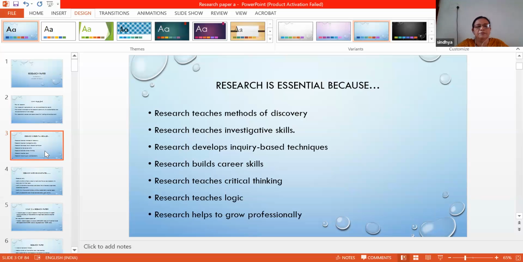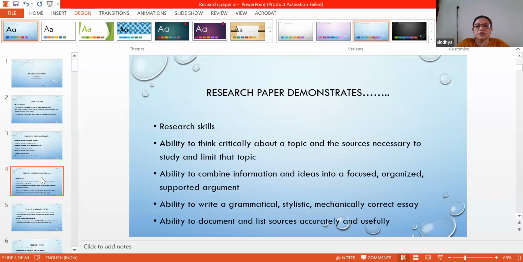I just muted them. So research is essential because of these components, and it helps us grow professionally. A teacher is able to grow professionally through the research process. And whenever we prepare a research paper, it demonstrates the skills of the researcher who is undertaking the process.